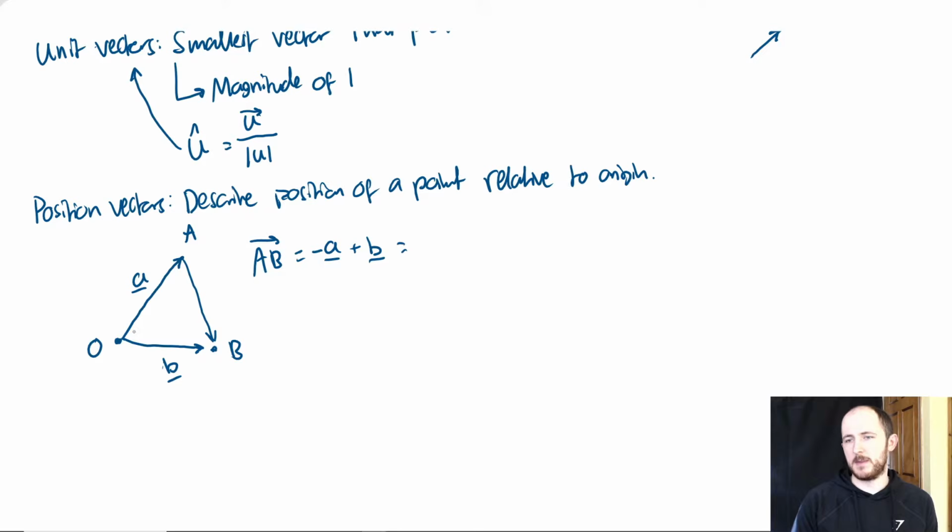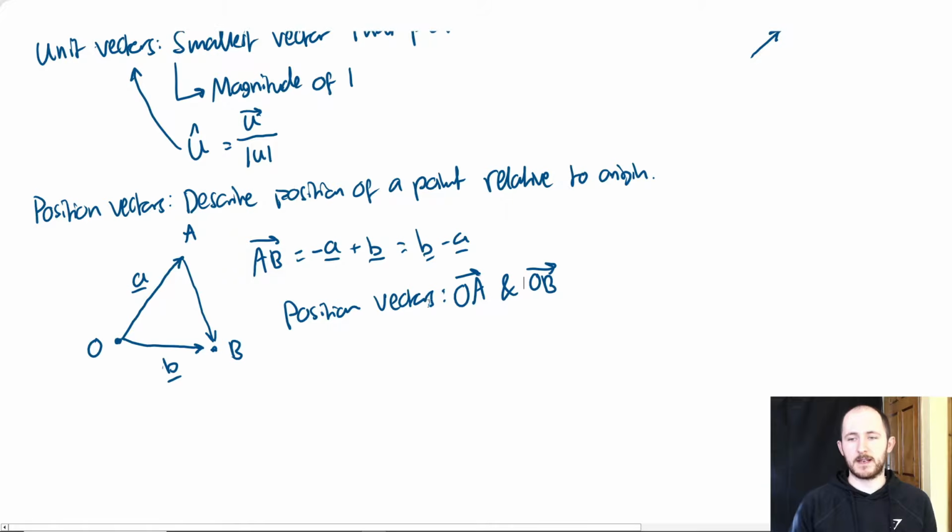Which you can also write as B minus A, of course, right? So I think I actually labelled one of the vectors wrong earlier. This would be a displacement vector, and the two position vectors we have here would be A and B, so we would call those OA and OB.